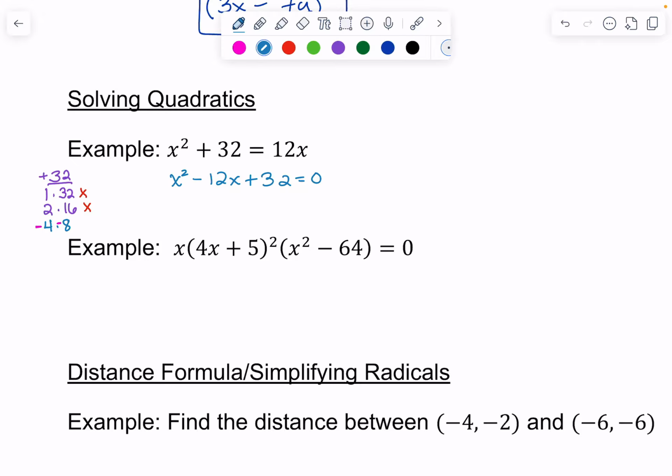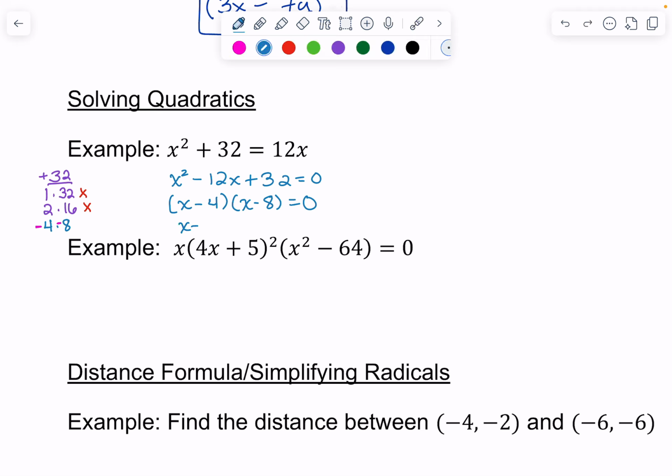So what I'm going to end up with here is x minus 4 times x minus 8 equals 0. Now, if this term right here is equal to 0, then 0 times anything equals 0. So if x minus 4 equals 0, then I have one solution.